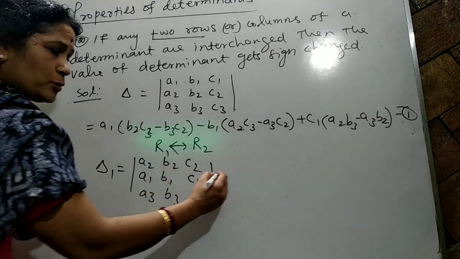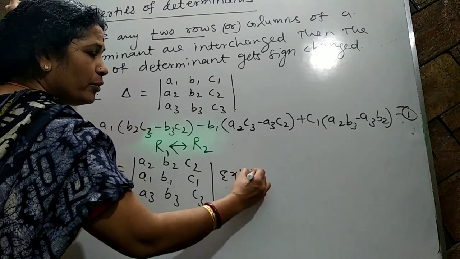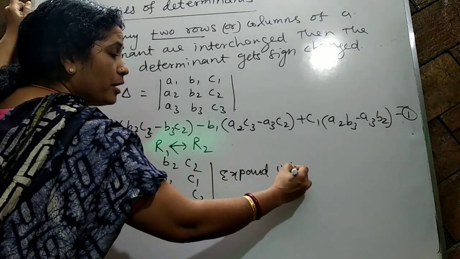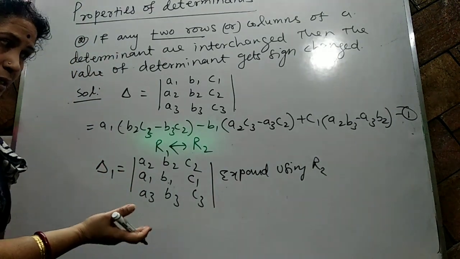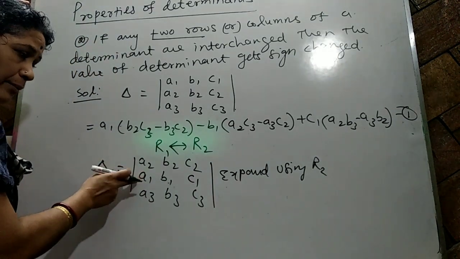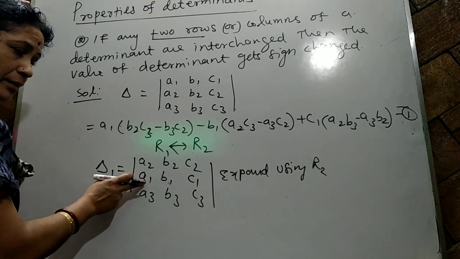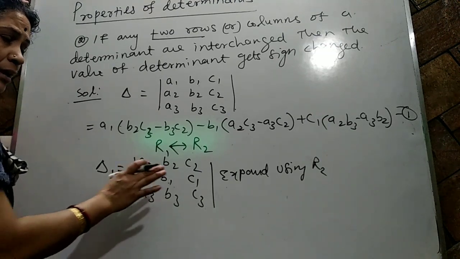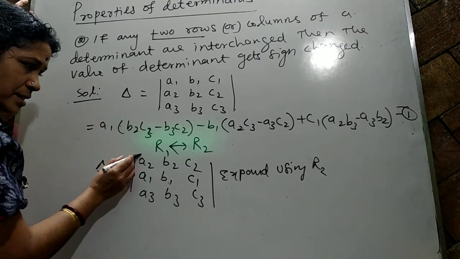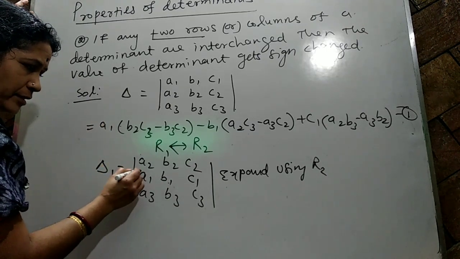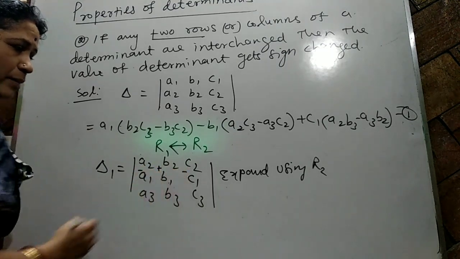Now I'm going to expand using R2, either R1, R2, R3, one and the same thing. For my comfort I'm taking R2. Sign consideration: this is plus, this is minus, this is minus, this is plus, this is minus.